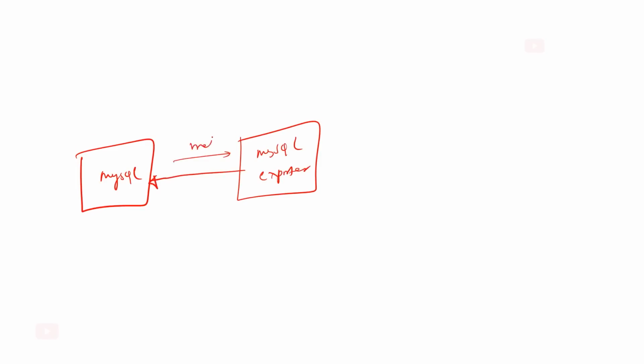Let's say you have the database container, MySQL. You don't know how to export this. What I'm doing is I'm creating a MySQL exporter container. So this MySQL exporter container connects to this database and gets all the metrics. Okay, so now your metrics are here. The MySQL exporter will just convert those metrics so Prometheus can understand them. Now Prometheus can use this exporter as the target.